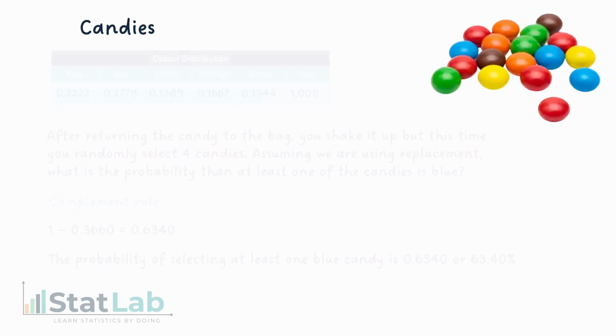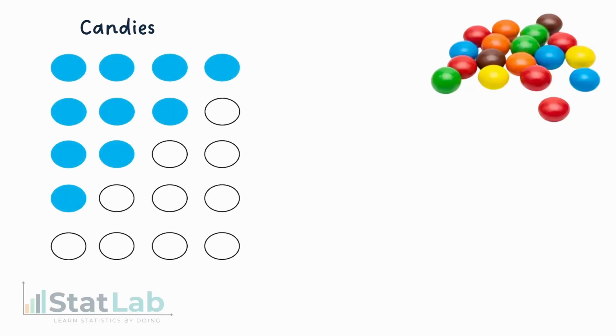So let's just look at this visual here. Imagine that these are your 4 candies, and I have 5 rows because there's 5 possible combinations. I don't care what the color is when it's not blue, so it doesn't matter what one it is. I'm only caring about blue. So the first option is that all 4 candies are blue. Now the second option is that I have 3 blue candies and 1 of some other color.